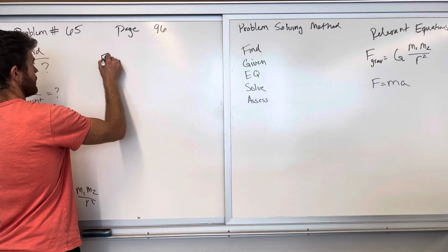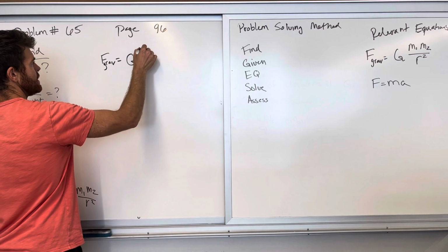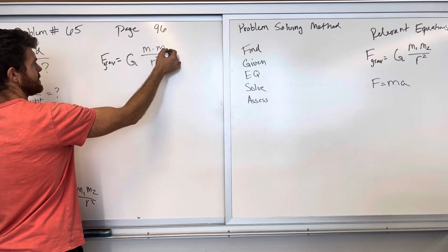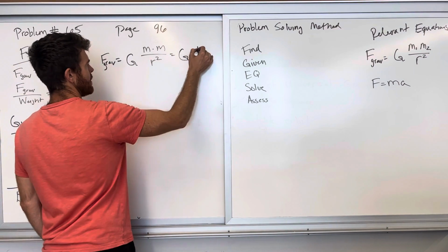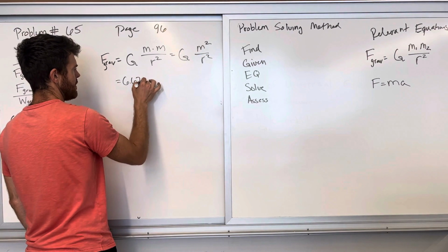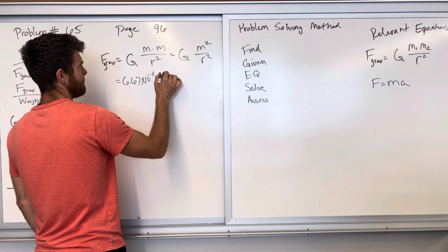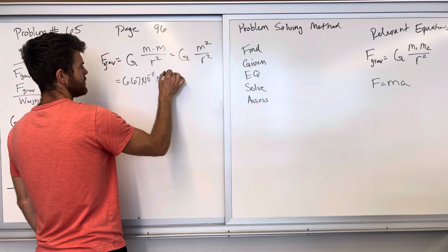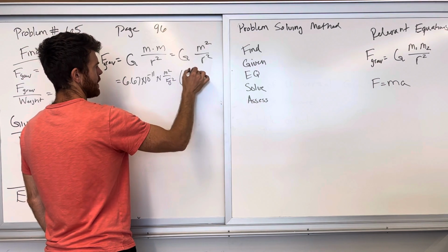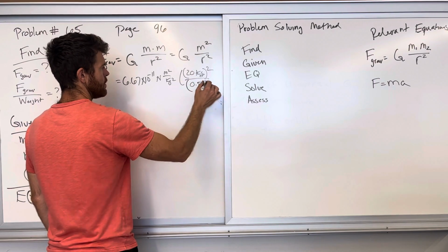So we solve the force due to gravity on these objects is G times M times M over R squared. So these are the same M's, so G times M squared over R squared. 6.67 times 10 to the negative 11 newton meters squared per kilogram squared times 20 kilograms squared divided by 0.5 meters squared.